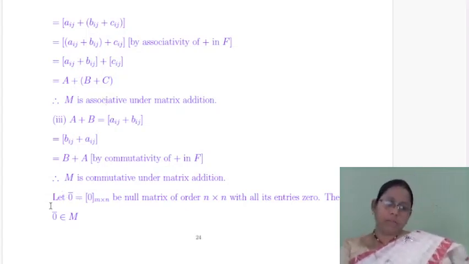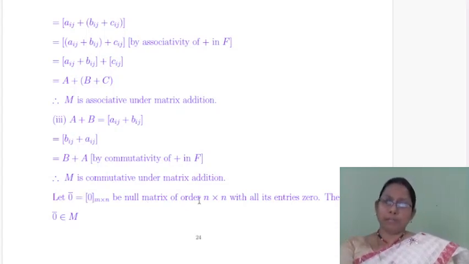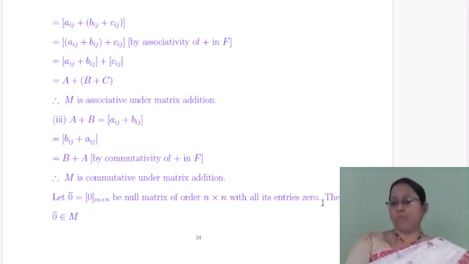But you have to check the additive identity. Let 0 be the null matrix of order m by n. This is a typing mistake, it is m by n. With all its entries 0, then 0 belongs to the set of all m by n matrices.